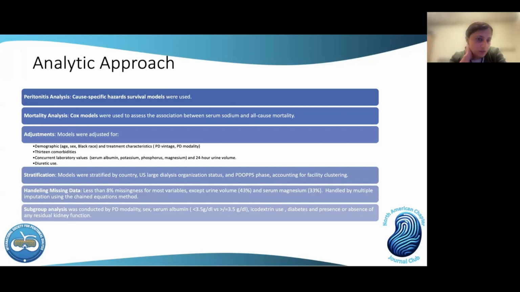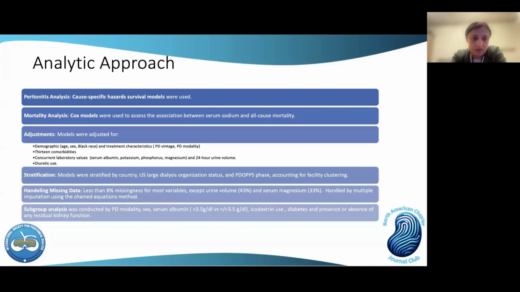Model 2, they adjusted for 13 comorbidities, which I'll go over later on. Model 3, they adjusted for concurrent lab values such as serum albumin, potassium, phosphorus, magnesium, and 24-hour urine volume. On Model 4, they adjusted for diuretics use. So the models were stratified by country, US LDOs, PDOPPS phase 1, phase 2.